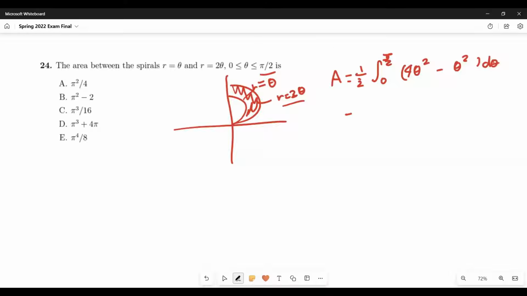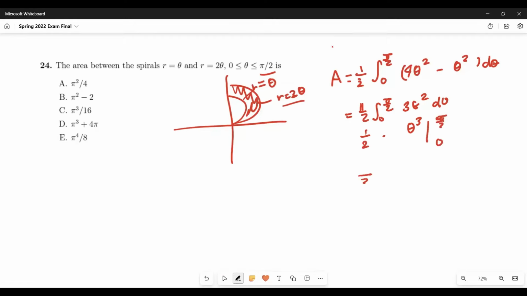So this is just 1 over 2, integral from 0 to pi over 2 of 3 theta squared d theta, so this becomes theta cubed, 1 over 2, evaluated from 0 to pi over 2.